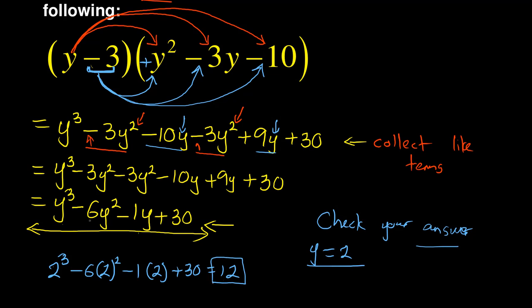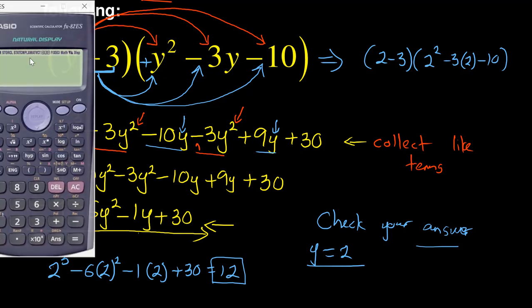Now the next thing I'm doing, I'll go back to my original. I'm going to say where there is y, I also put a 2, so it will be 2 minus 3, and on y squared it will be 2 squared minus 3y as 2 minus 10.